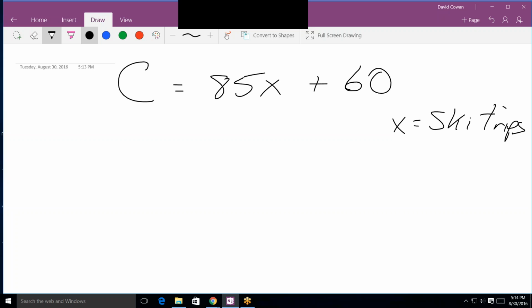Okay, so now what's the rest of the question? Solve the equation for x. Okay, let's solve it for x. Hold on, let's back up.